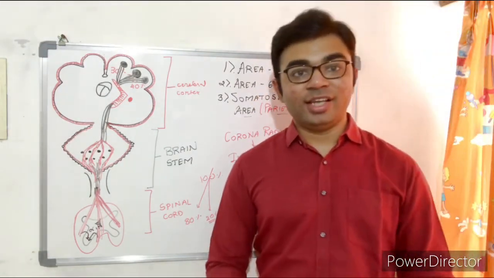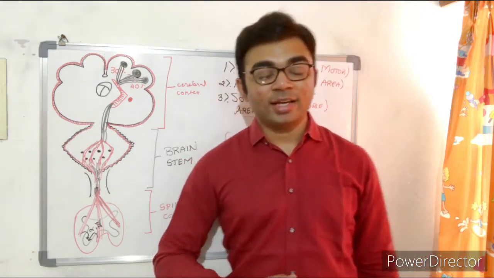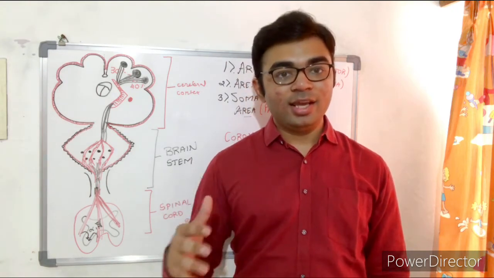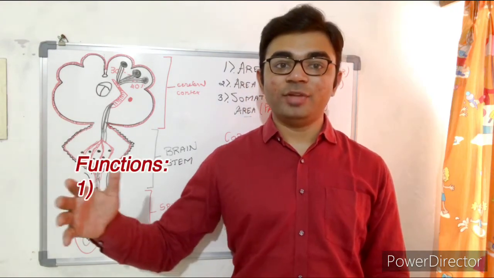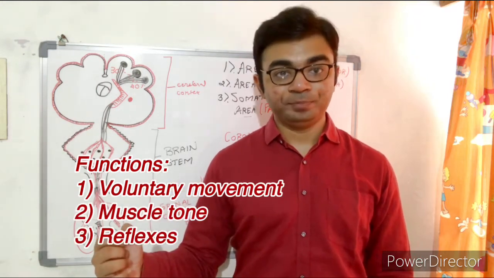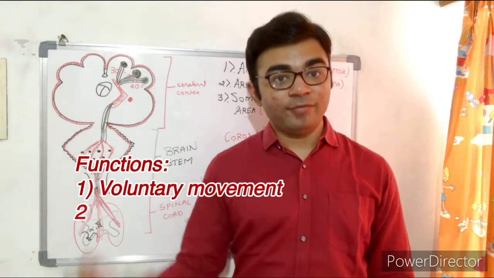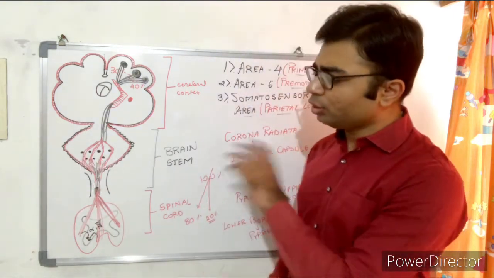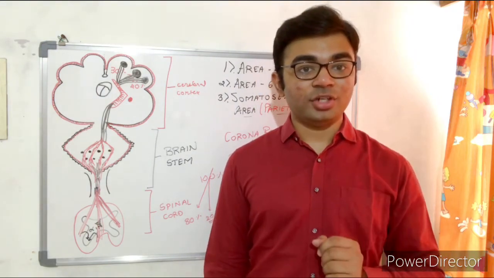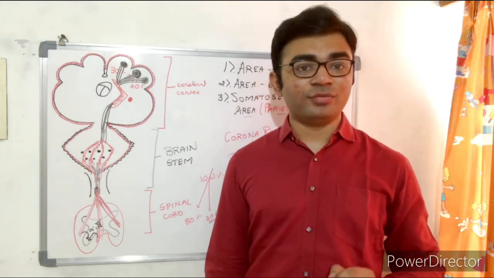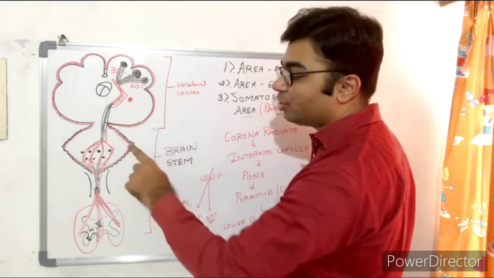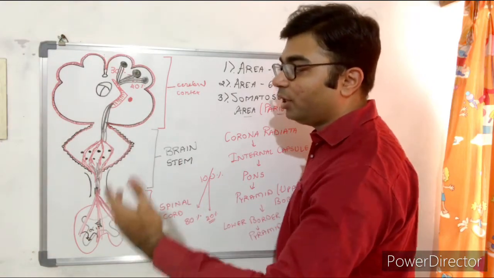Now comes the most important thing, that is the functions of the pyramidal tract. As I told you, they are mainly concerned with the voluntary movements of our body, but they also regulate the tone and the reflexes in our body. When I take up the pathology, or I can say the different conditions of neurology, I will explain at what site, if the lesion is present, it may show different symptoms.